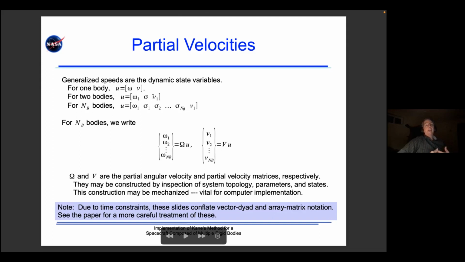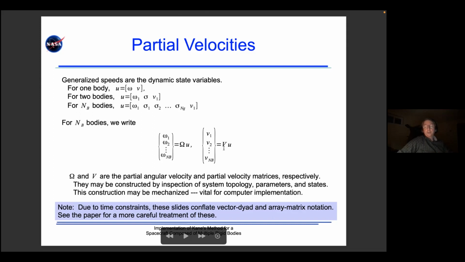The nice part about this is that it's pretty straightforward to do. If you look at a system, the first thing you do is you say, how can it move? And if you can describe how it moves in terms of its generalized speeds, then you just build these matrices.